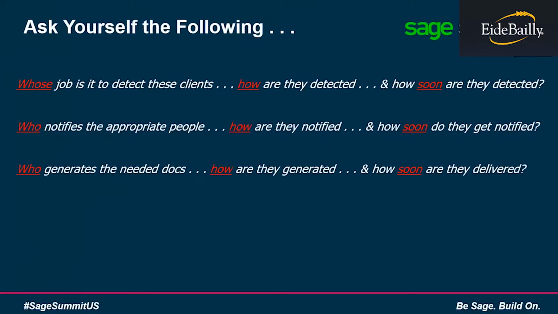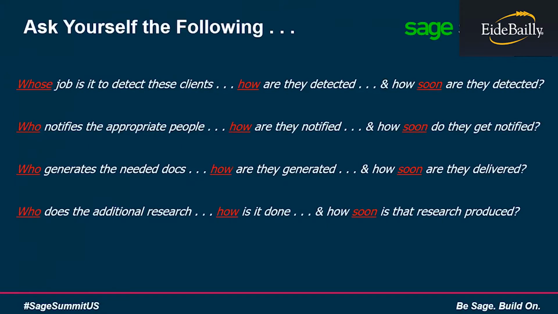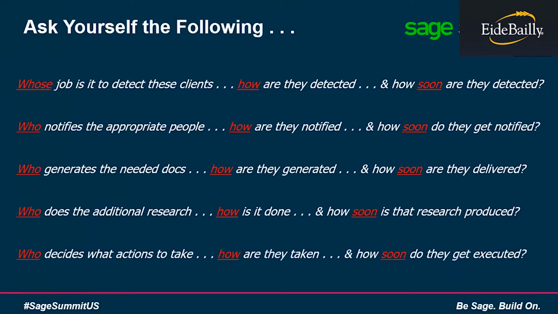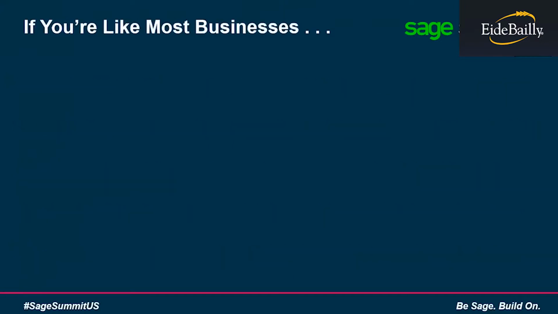Whose job is it to generate the appropriate documents, such as an invoice, statement, dunning notice, etc.? How quickly do they get generated? And how soon do they get delivered to the delinquent client? Whose job is it to perform the additional research? How is it done? Most likely manually. And who decides what action to take in regards to a delinquent customer, whether to put them on credit hold, change their payment terms, or take some other action?